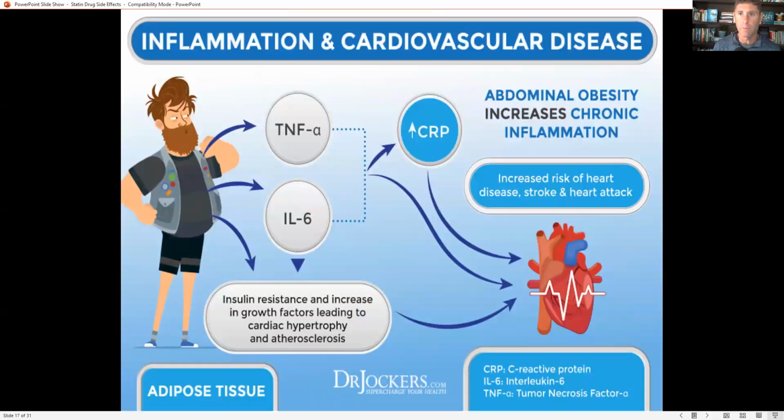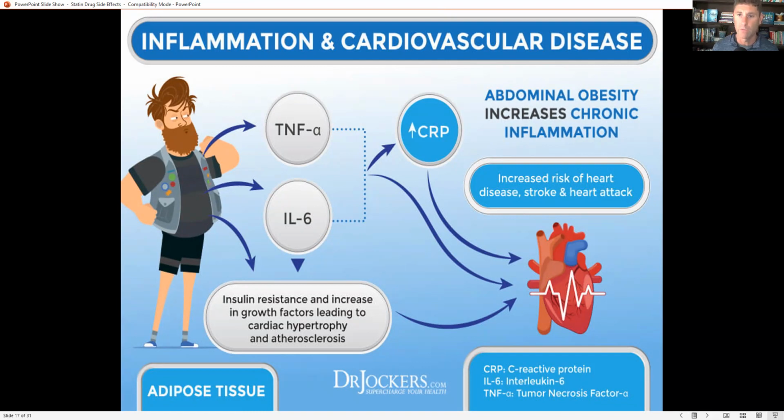Now, of course, we know inflammation is really at the root of cardiovascular disease. And we know that insulin and insulin resistance, when our body's not responding well to insulin, and insulin's job is to take sugar out of the bloodstream and put it into cells. When we don't respond well to that, it drives up inflammation, drives up things like C-reactive protein, interleukin-6, tumor necrosis factor alpha, these different cytokines, and they are all associated with increased risk of heart disease, stroke, and heart attack.